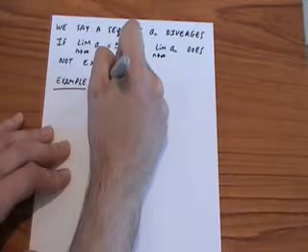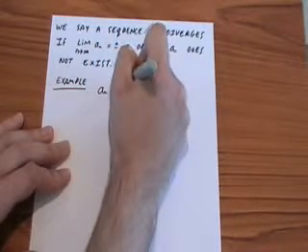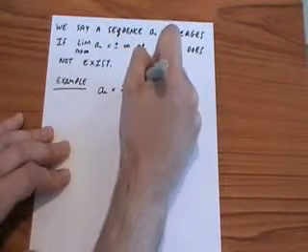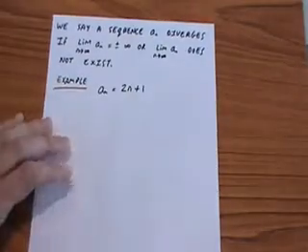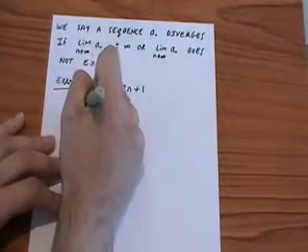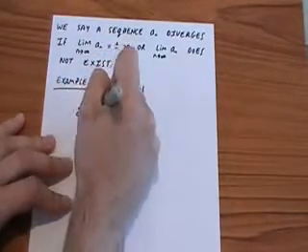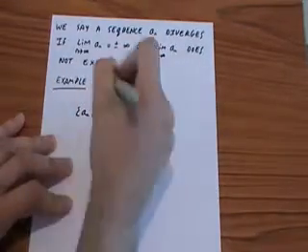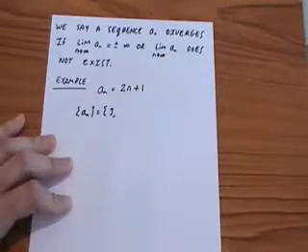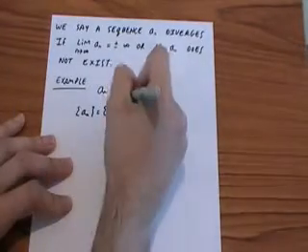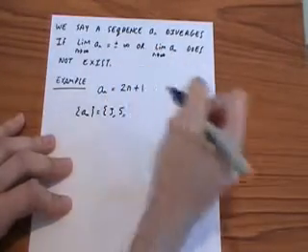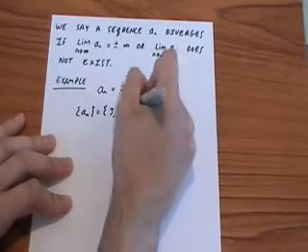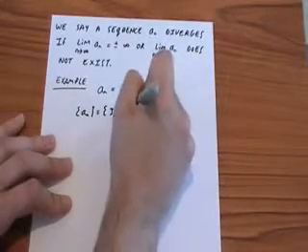Let's consider the sequence a_n where the nth term is given by 2n plus 1. And we'll begin by writing out the first few terms of the sequence. Okay, so when n is 1, we'll get 3. When n is 2, we'll get 5. When n is 3, we'll get 7.